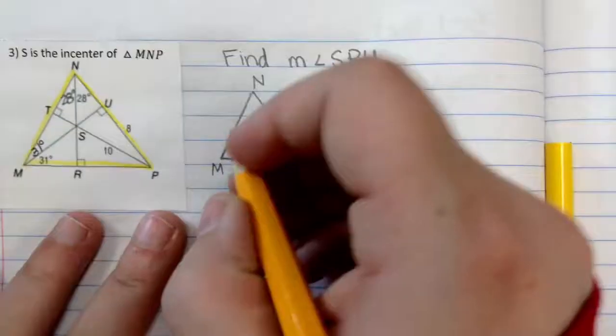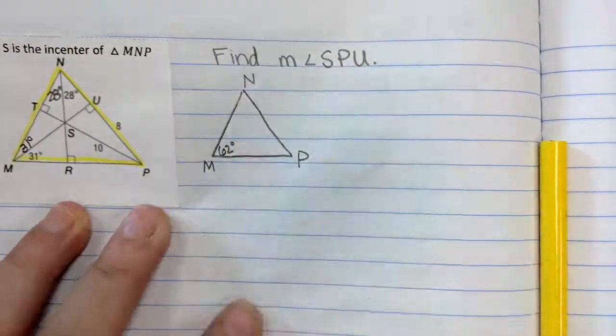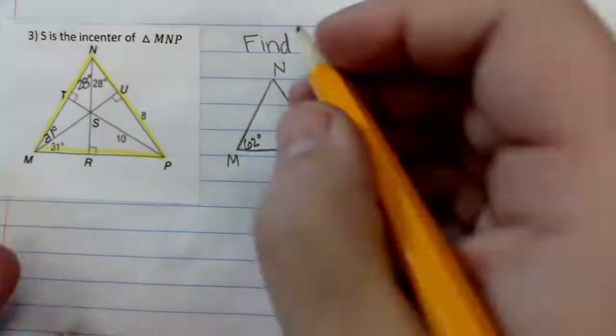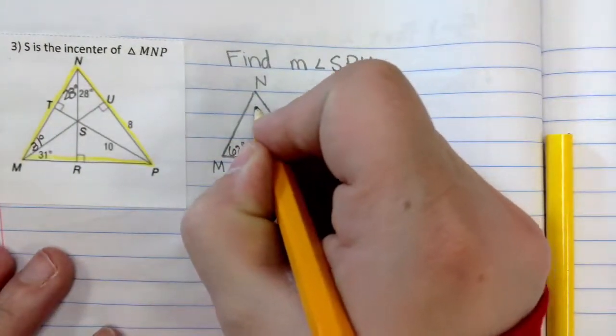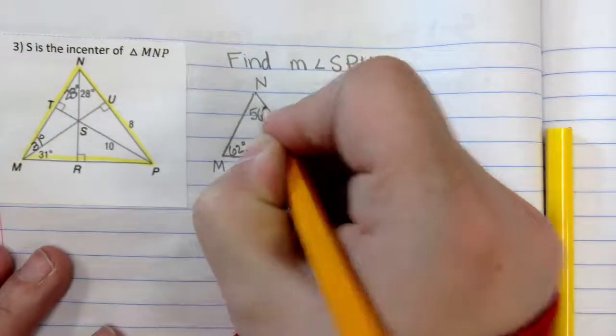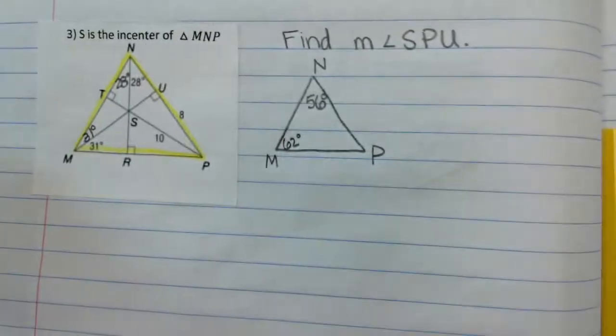How many degrees is N going to be? It's 28 and 28. 56. So how can I find that missing angle? Angle P.